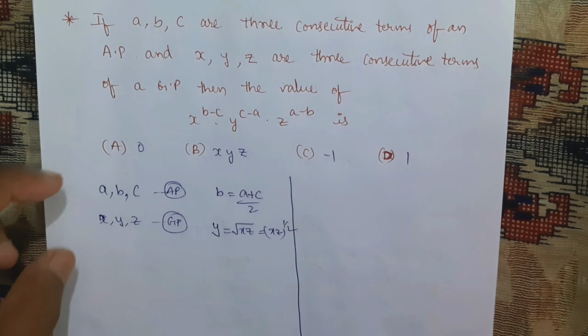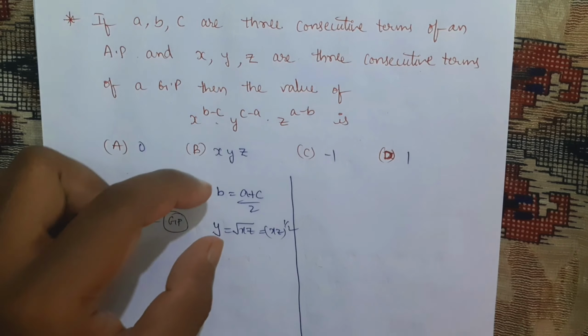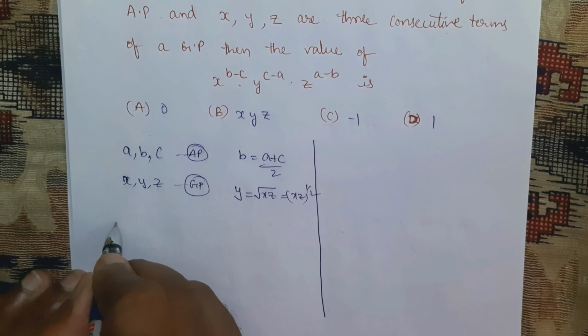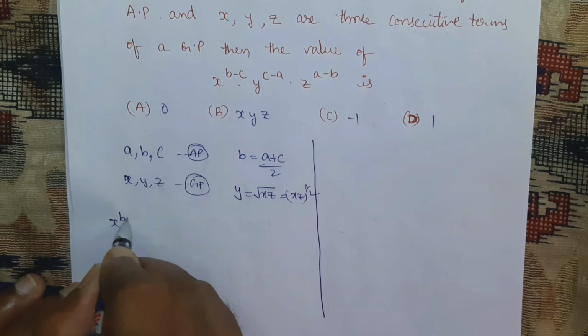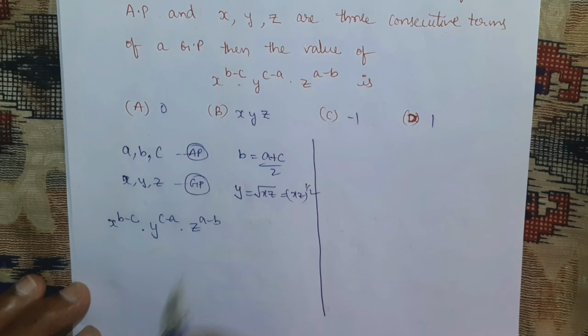Now by using these two combinations, this is AM, this is GM, we will simplify this. Here the expression given is x power (b minus c) into y power (c minus a) into z power (a minus b).